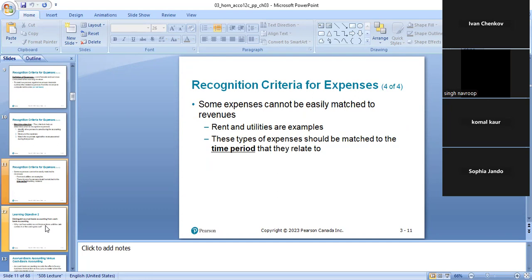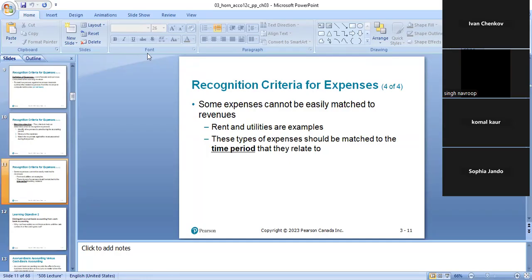So if I'm paying my electricity bill, I'm paying for January and February, but the bill comes in March. So when the bill comes in March, is this expense for March or not? So what do I have to do?